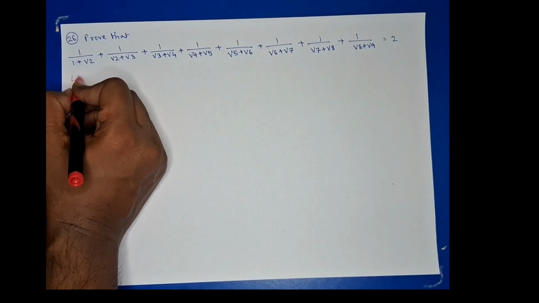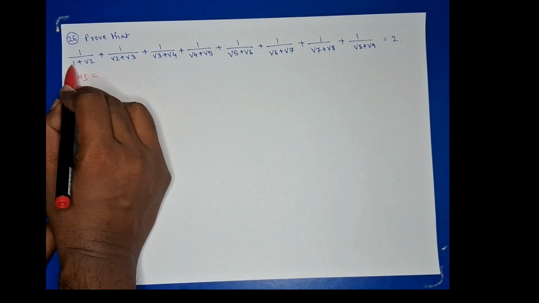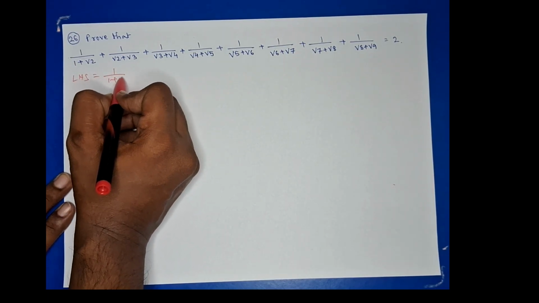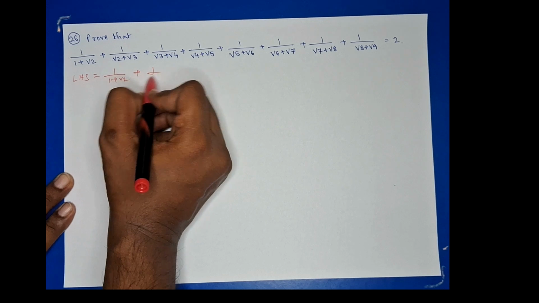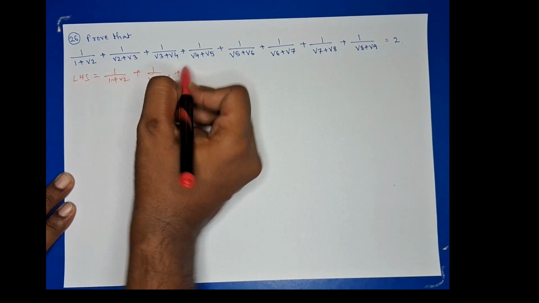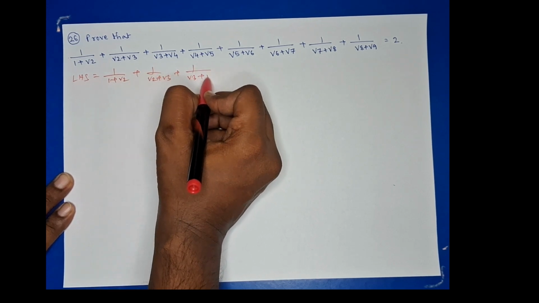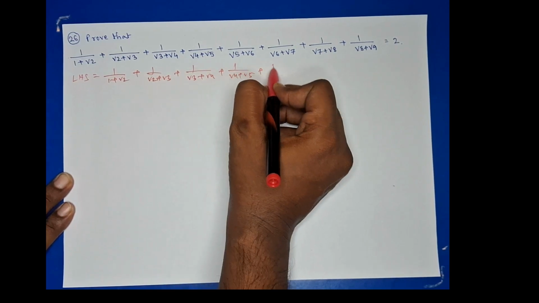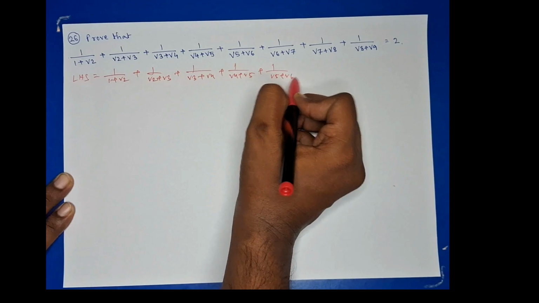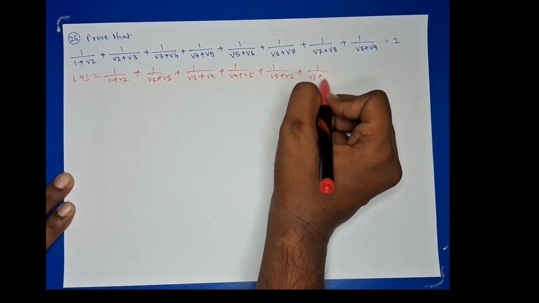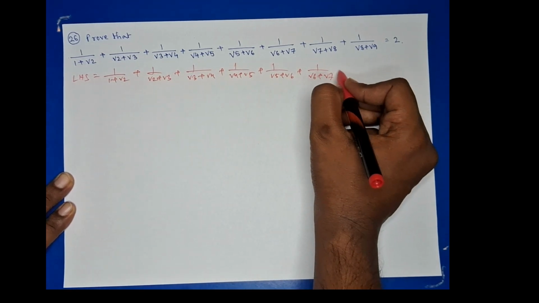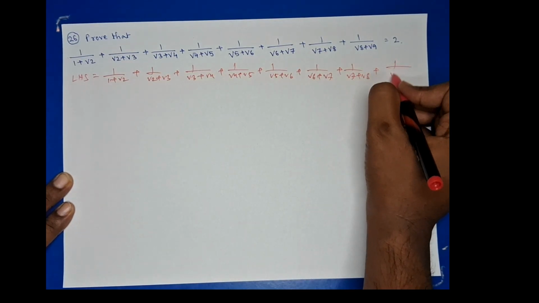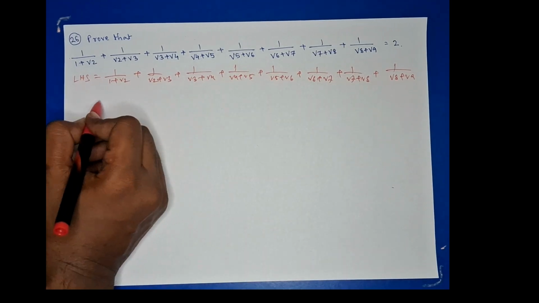So LHS is equal to this, and this we can write 1 by 1 plus root 2 plus 1 by root 2 plus root 3 plus 1 by root 3 plus root 4 plus 1 by root 4 plus root 5 plus 1 by root 5 plus root 6 plus 1 by root 6 plus root 7 plus 1 by root 7 plus root 8 plus 1 by root 8 plus root 9.